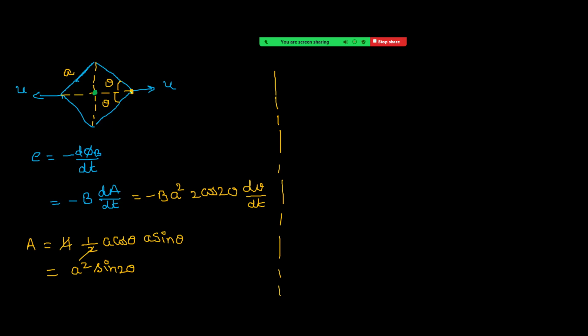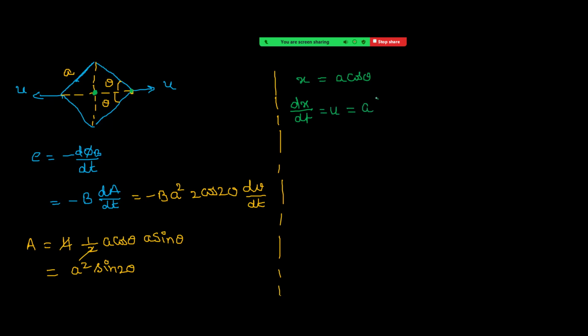With respect to that, for this corner, if I am taking this as x-axis, position coordinate is x equal to a cos theta, right? Now differentiate this, dx by dt, which is equal to u, right?